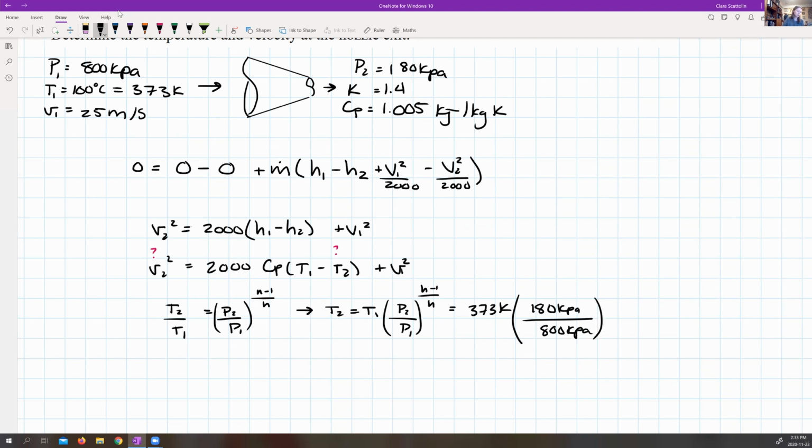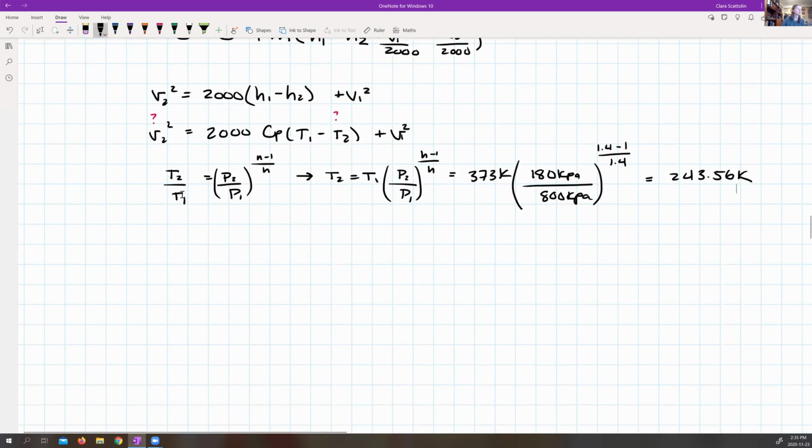And yes, I solved with 1.4. I got the value off the table there. That gives 243.56 Kelvin.